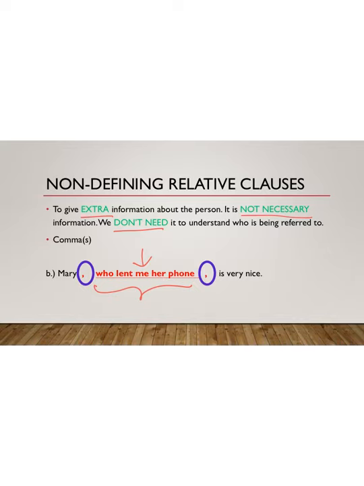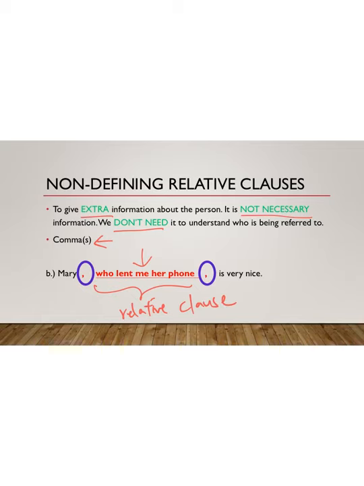And that's why if we are including a non-defining relative clause, we have to use commas. We put the comma here, and inside the two commas is the relative clause.